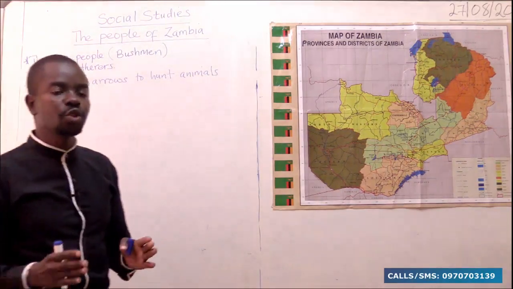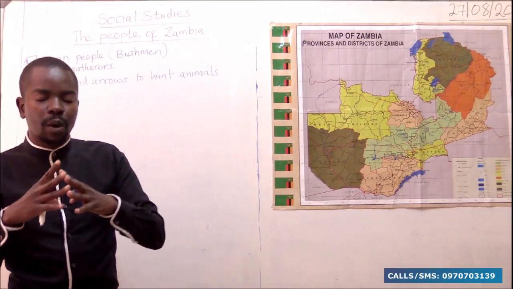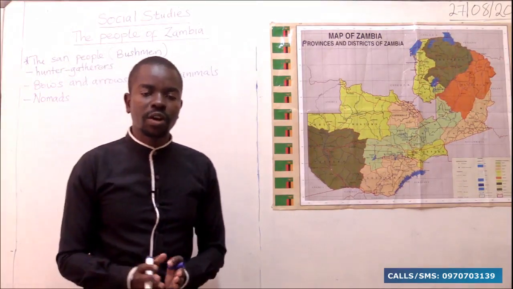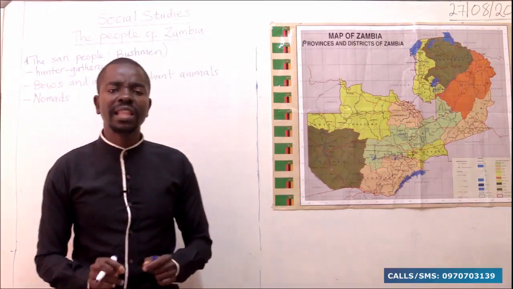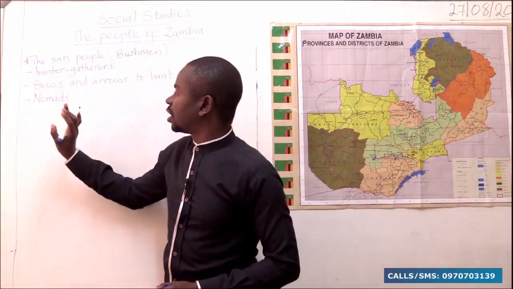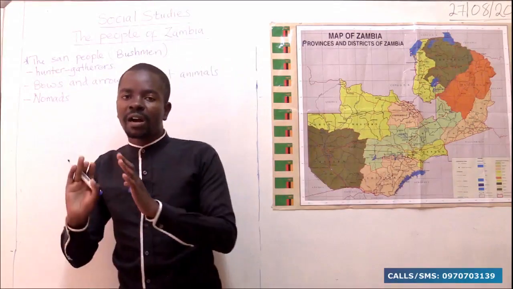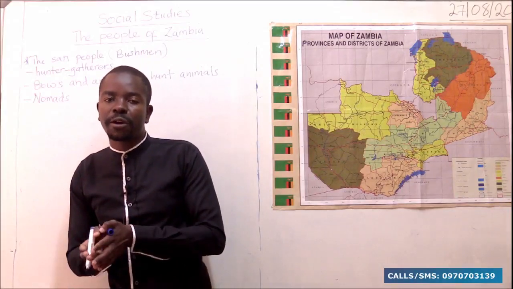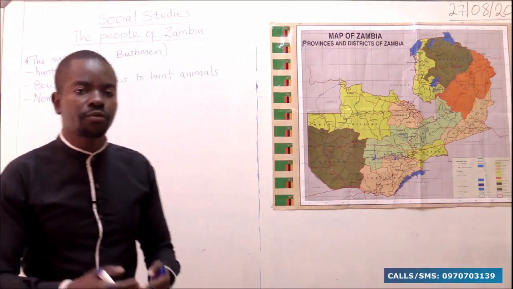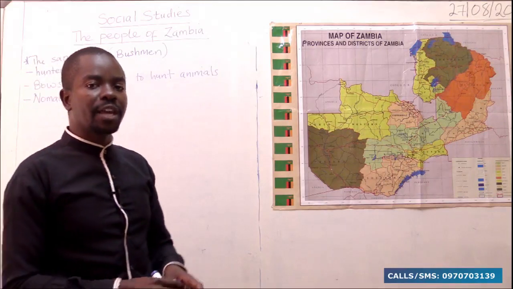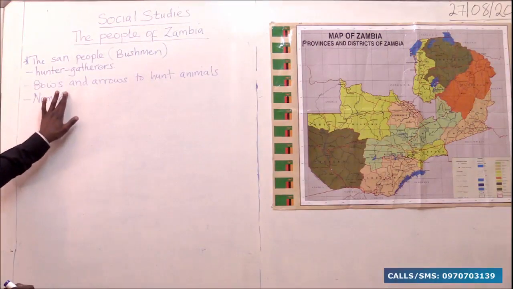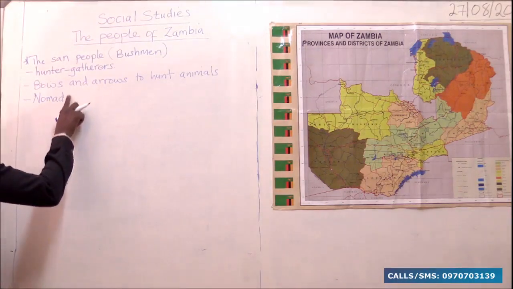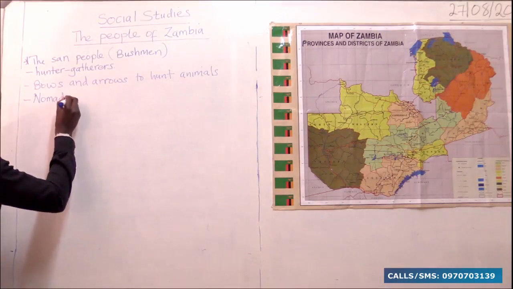So the Bushmen were nomads, meaning that they used to move from one place to access food and water. These people could not stay in a certain place for a long period of time. They used to move in search of food. So the San people were nomads.